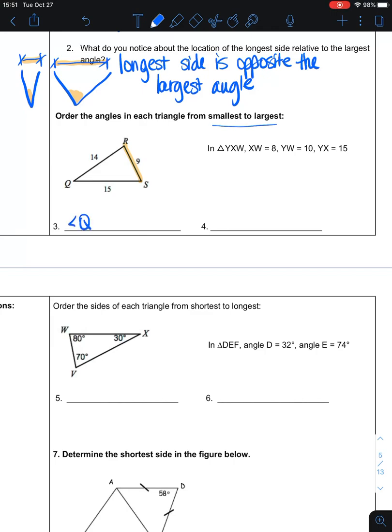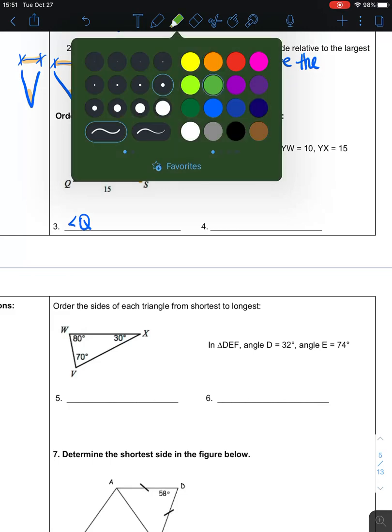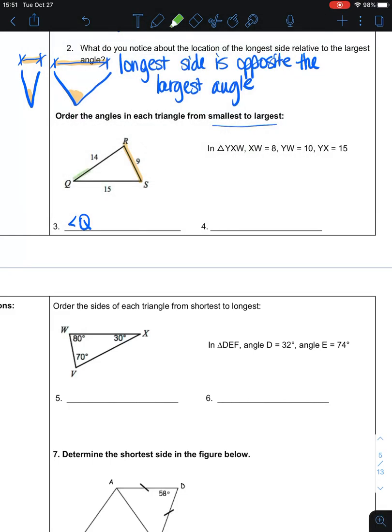The smallest side is 9, which means that my smallest angle must be Q. My medium size length would be 14, which means that my next angle is S. And then my longest side is QS, this 15 length, and the side that's opposite of that is R. Notice it's the side that is not a part of making that angle. Angle R is formed by these two sides, and QS is the third side that's left out.